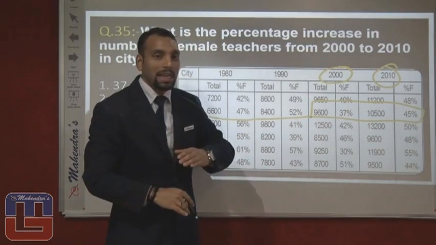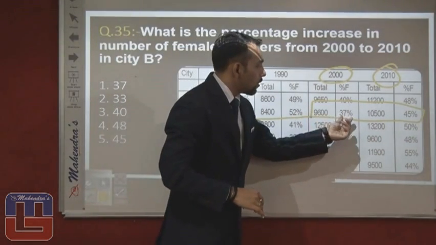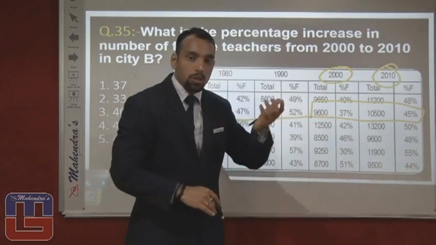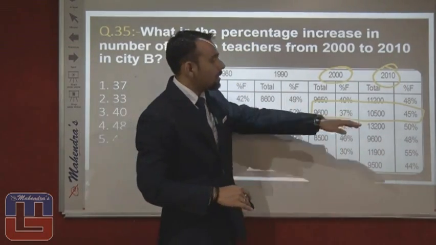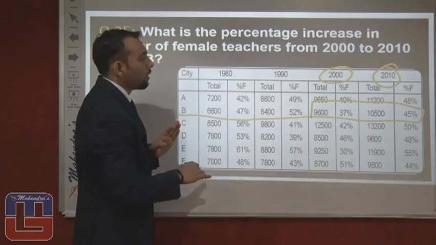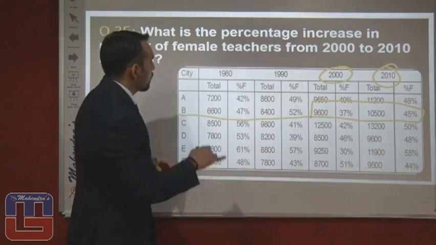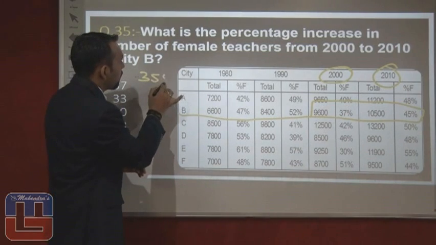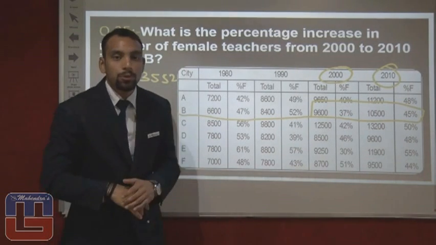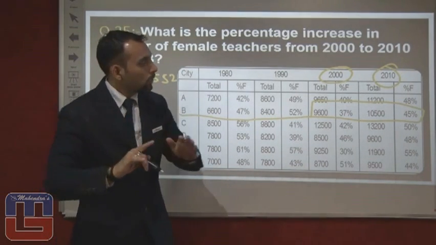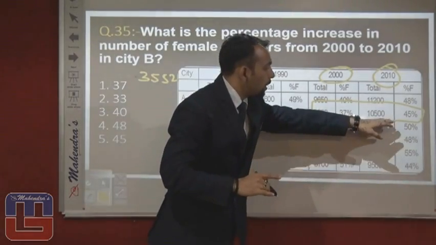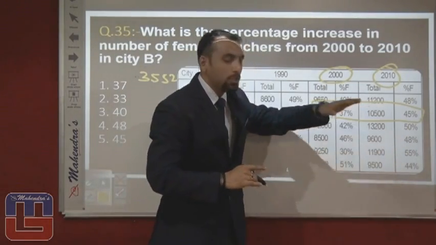Firstly, check in 2000, 9600 total teachers, the percentage of female is 37. So 37% of 9600, how much? 3552. All right. In 2010, the total teachers is 10500.